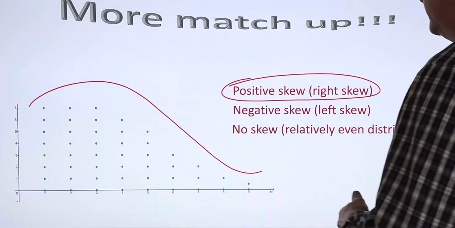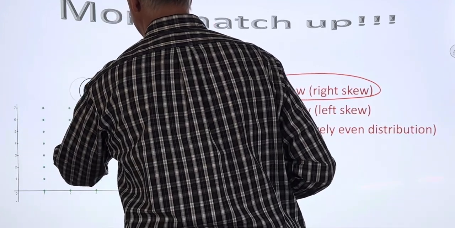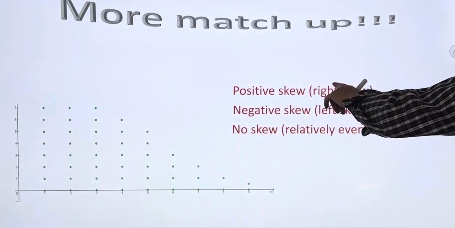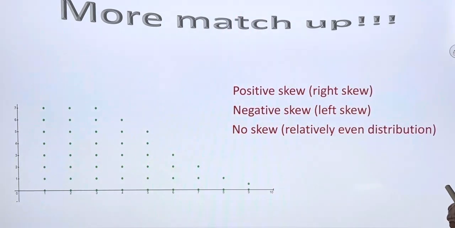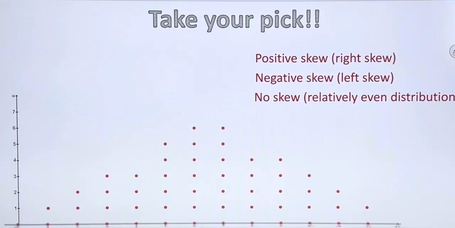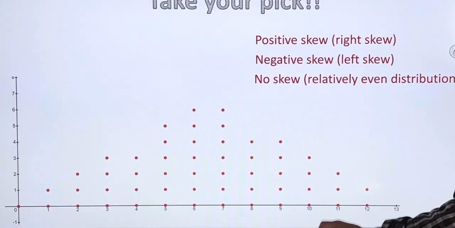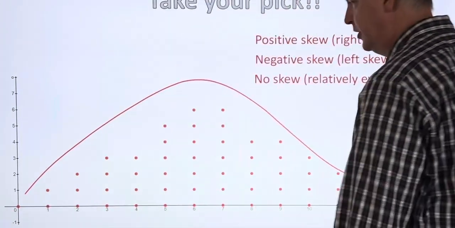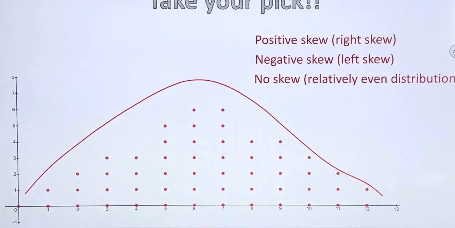So just, just kind of don't overthink this stuff. Just kind of roll with it, use some common sense, and remember these. You got to learn these guys, okay? Easy peasy, man. Not a lot to it. Take your pick. So this one, kind of shaped like that. Does that look left skewed, right skewed, or fairly in the middle?